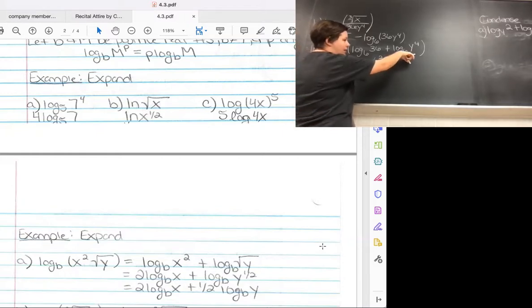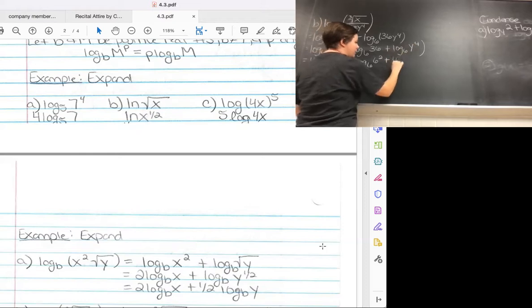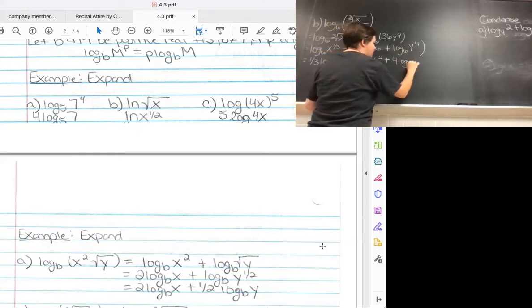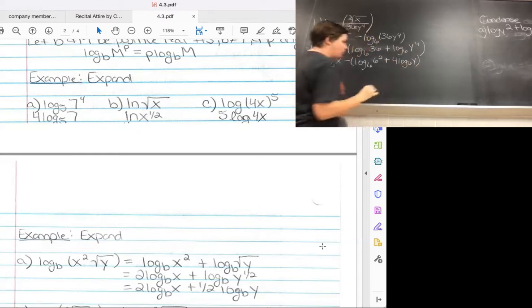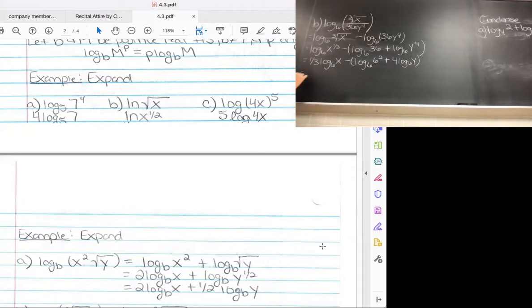Plus, and then I have the power rule over here where I can pull that 4 out front, of log base 6 of y. So I have 1/3 log base 6 of x. And then remember, if the base and the base are the same, then that all goes to 1, and I'm left with my power.